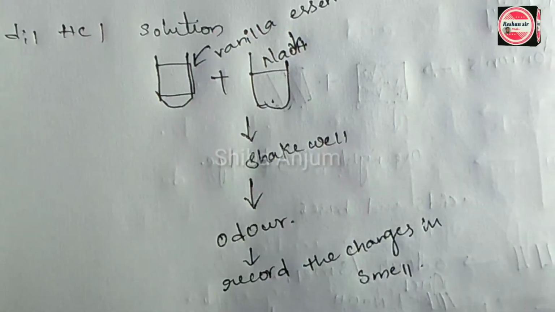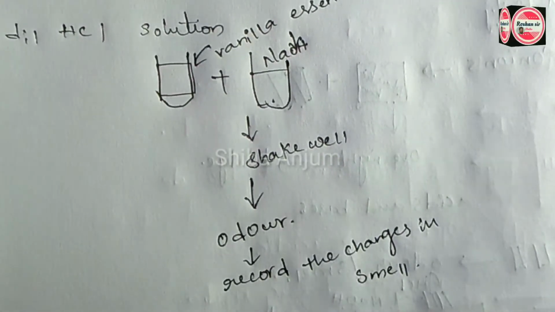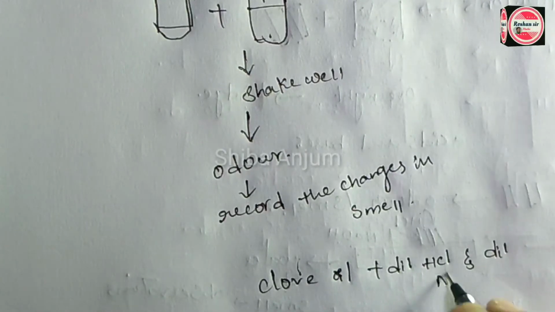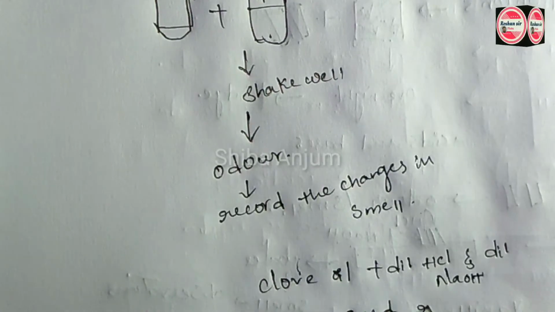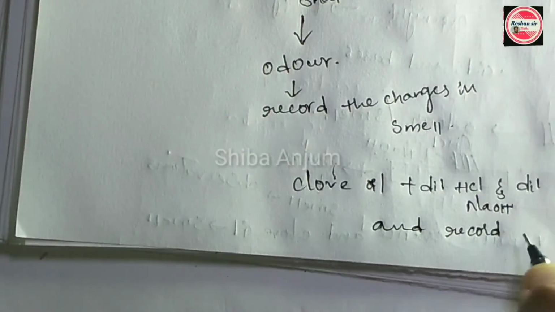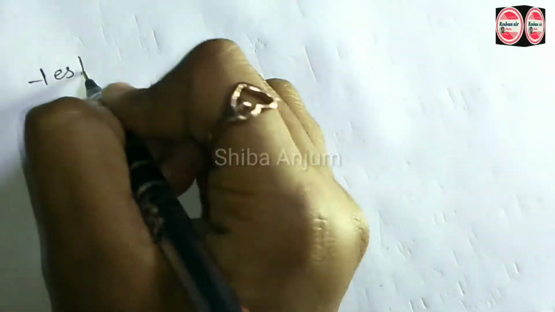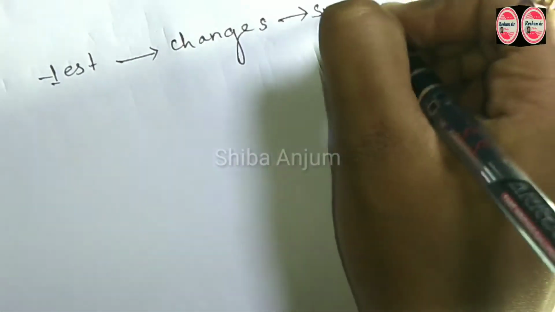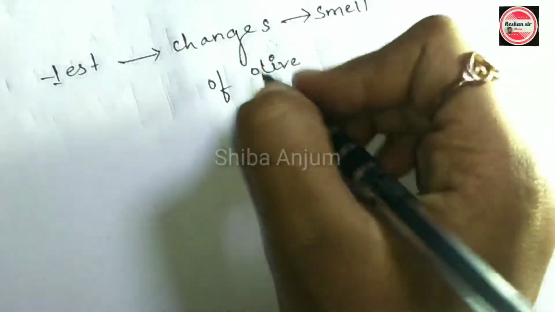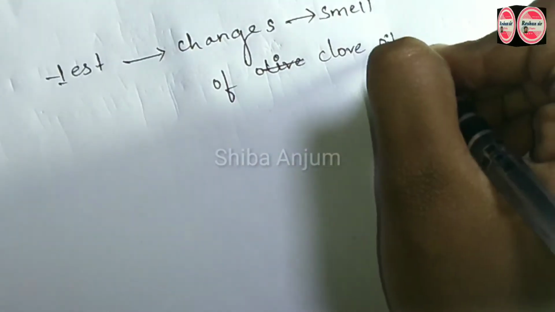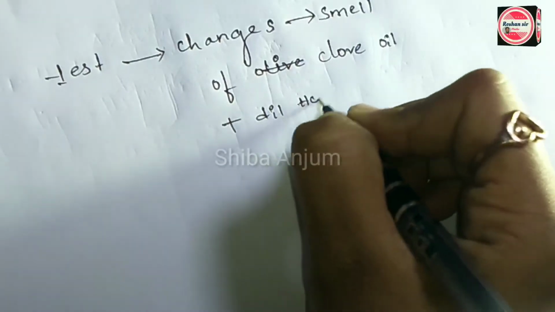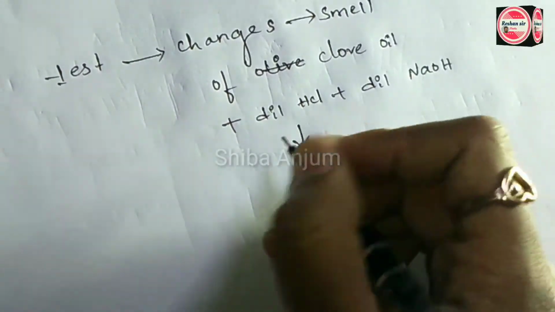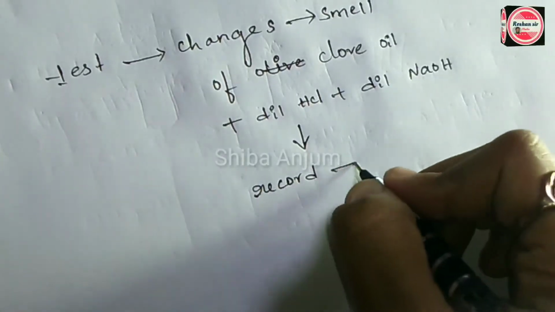Similarly test the changes in the odor of clove oil with dilute HCl and dilute NaOH solutions. Now record your observations.